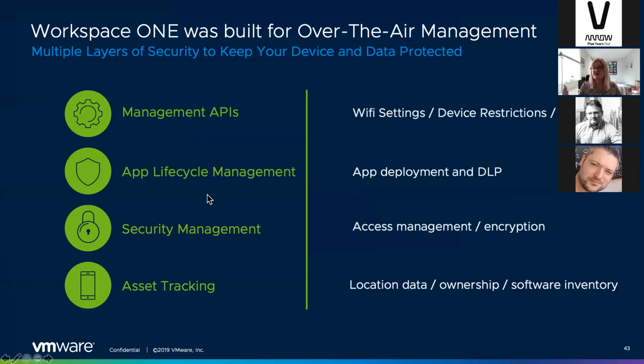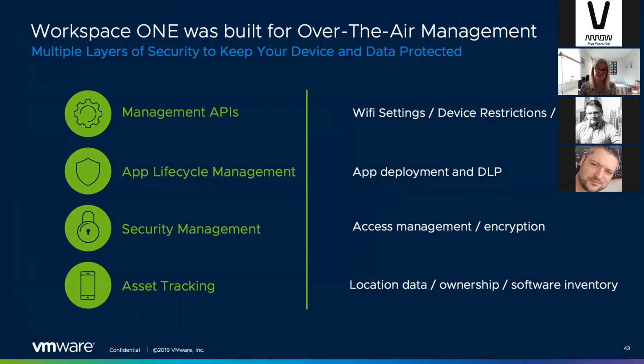And then we look at stuff like Wi-Fi settings. So if you look at the APIs, we can do Wi-Fi settings, restrictions, OS updates, application deployment, and data loss prevention. We can also manage that over the air, access management and encryption, location data ownership, and software inventory in these different categories.